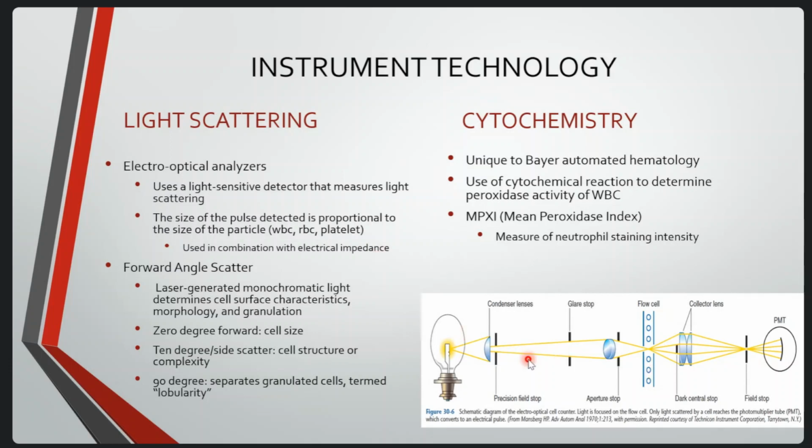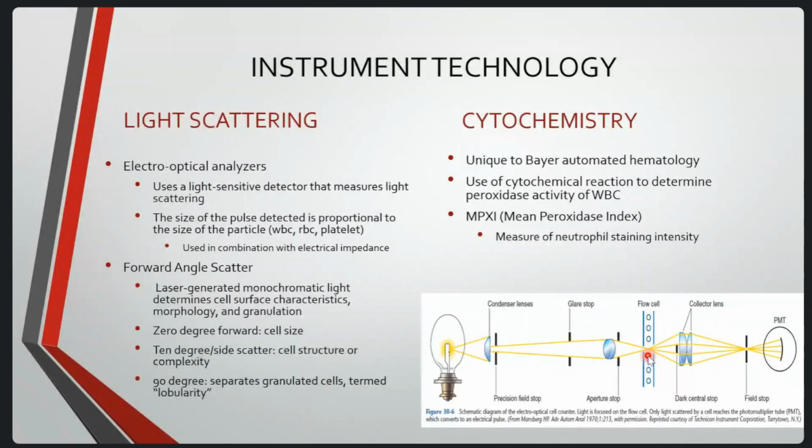We have the forward scatter, or the 0 degree forward, which helps us determine the size of the cell. And then we also have the 10 degree forward, side scatter. This one will tell us the complexity or the cell structure of these cells.